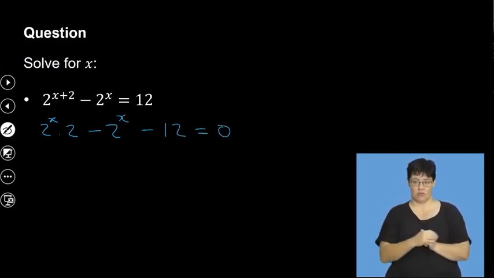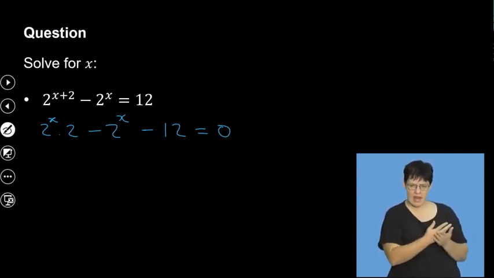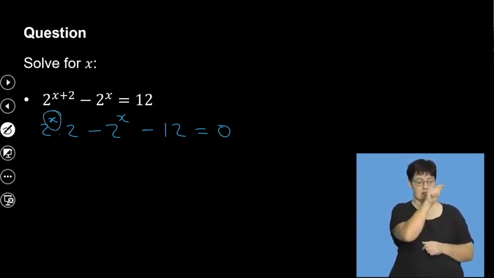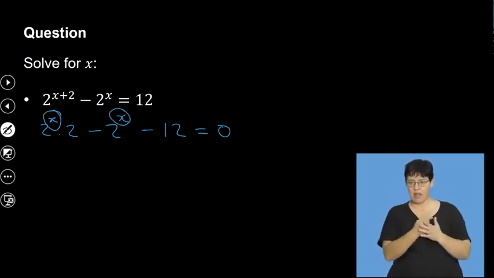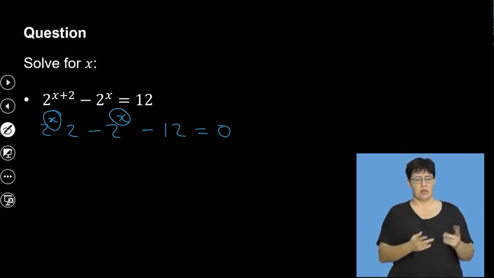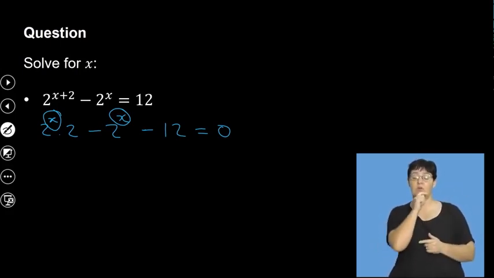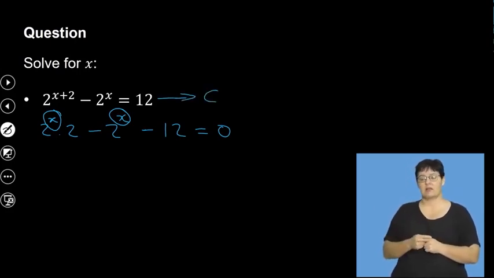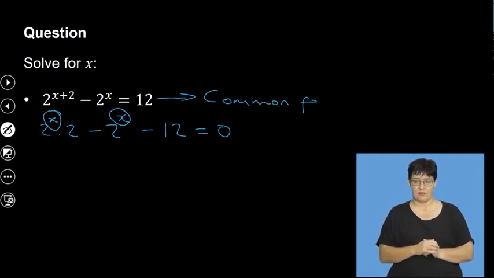And as you can see here, you will then try to see if you can factorize this. Firstly, if one of these exponents is twice the other, then I can factorize as a trinomial. But look at them. Are they twice one another? No, they are equal. Therefore, what method must I use here? I use the method of a common factor.